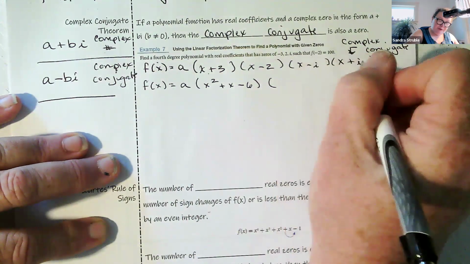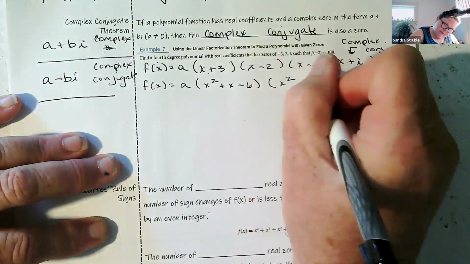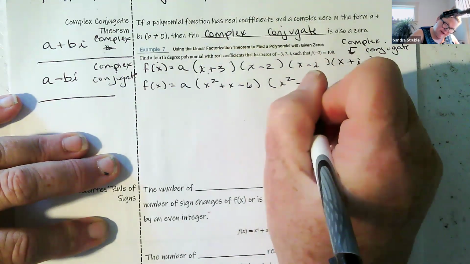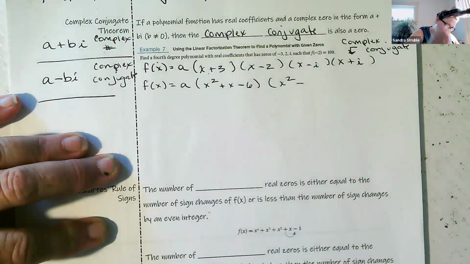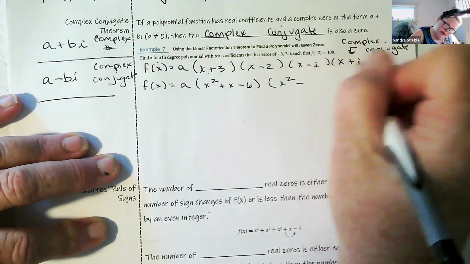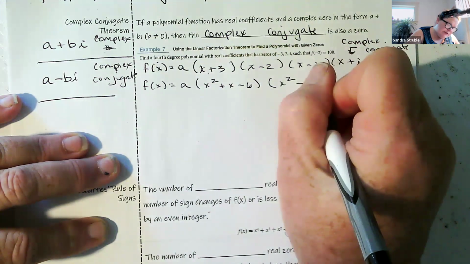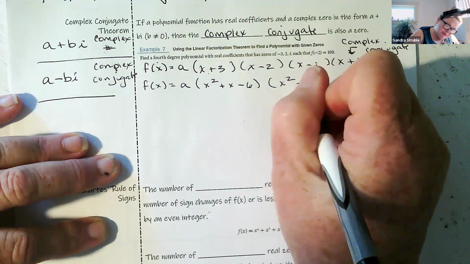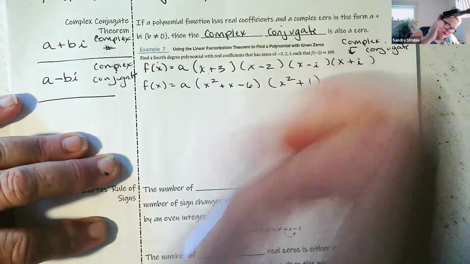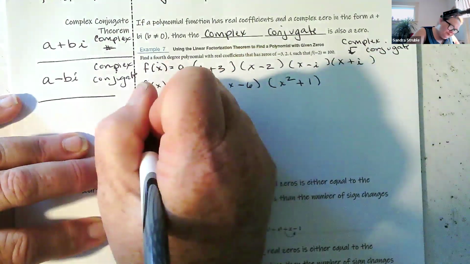Well, I'm going to multiply these two, x squared minus I plus I minus, so this is going to be -I times I, which is minus I squared, and I squared is -1. So this becomes +1. Okay.